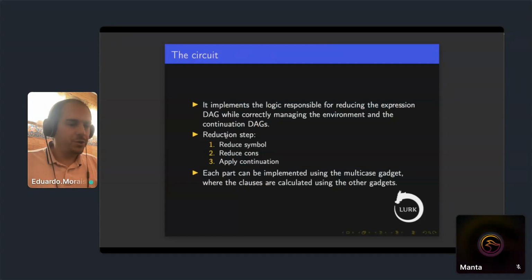Then you need to reduce these cons following some rules. And if you have the final situation where all the tree is already evaluated, then you can finish the calculation by applying the continuation. That's the final step. And by following those rules, we can evaluate any kind of program. And so we have basically the repetition of the multicase gadget for these 3 steps.